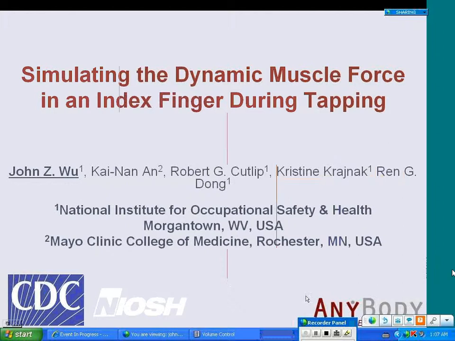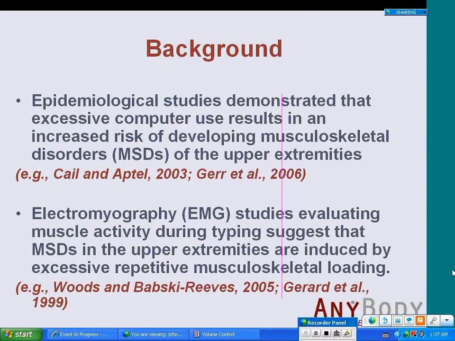In this work, I will demonstrate how to use AnyBody to solve practical clinical problems. It is well known through many epidemiological studies that excessive computer use will result in an increased risk of developing musculoskeletal disorders in the hand.